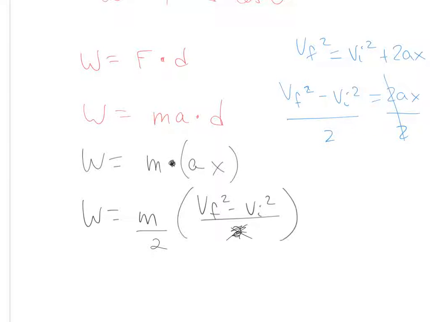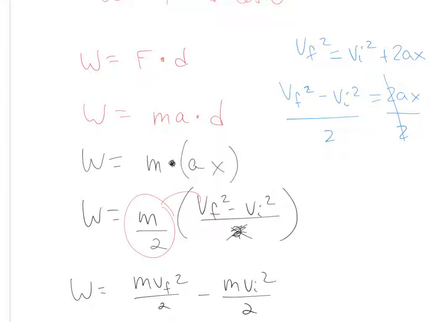And the next one, it looks like 1/2 mv squared. Yeah, this is kinetic energy. Final minus initial. That's all it is. Distribute the m over 2 to both. So take this m over 2 and distribute it to both of these. That's what you'll end up getting. M over 2 Vf squared, m over 2 Vi squared.